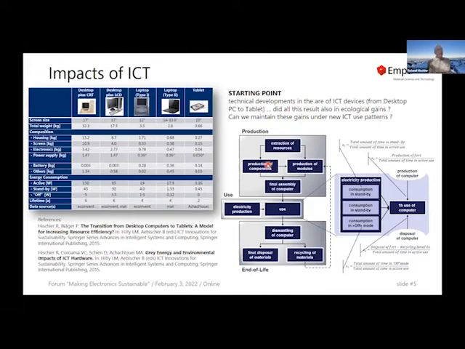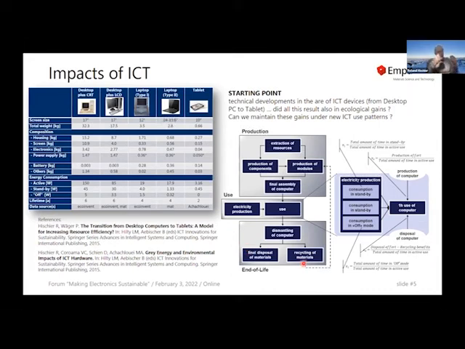Now, if we look at ICT devices, what are their impacts? We did a small study for a book that was published some years ago, where we looked at different devices, taking into account production, use, and end of life, so really the complete life cycle.